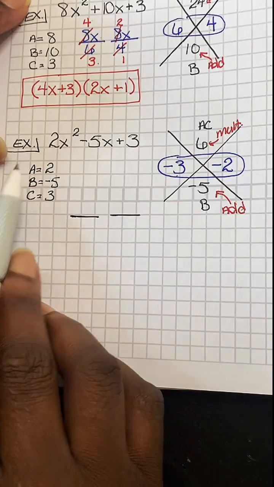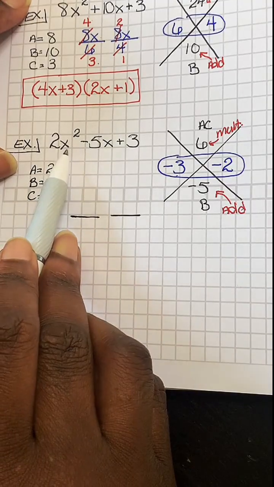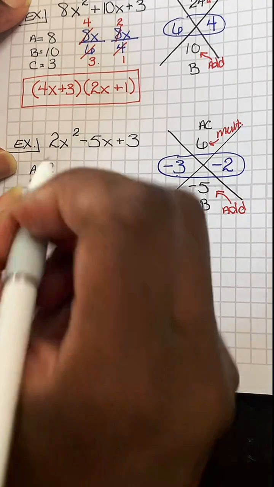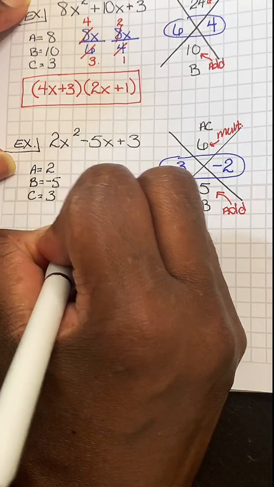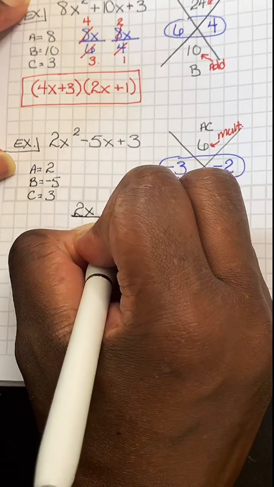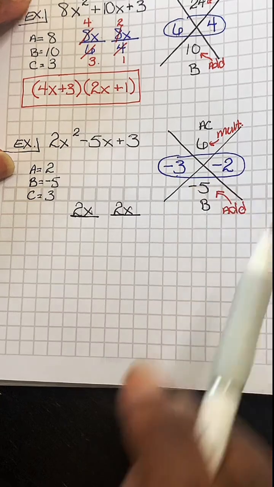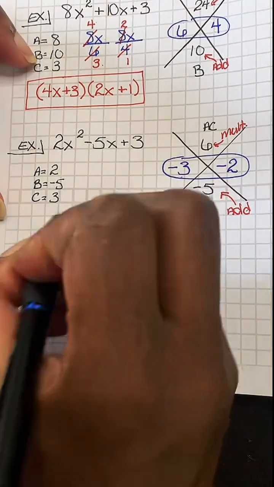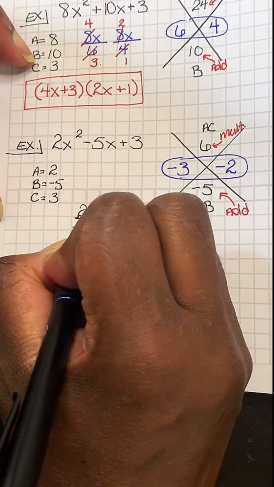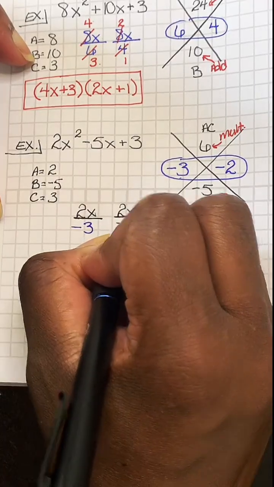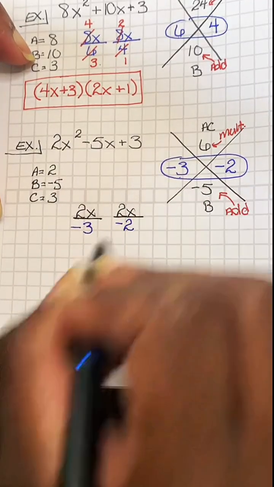We're going to put our a and the variable as the numerators. So you have your 2x and your 2x. And then we're going to write down the factors that we got underneath as our denominators. So we have -3 and -2.